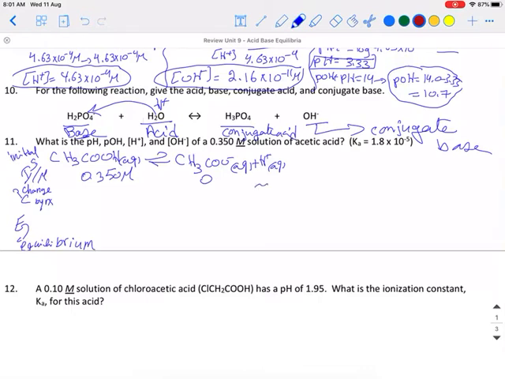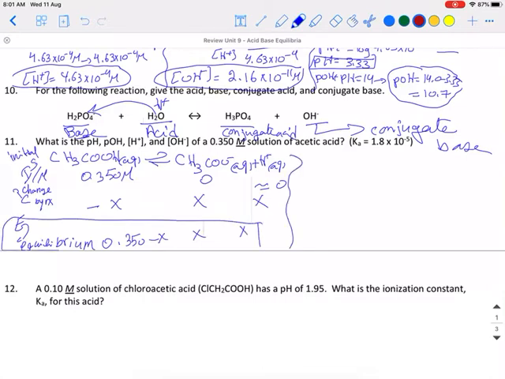I will assume H plus is 0. There is H plus from water, but it's 10 negative 7, which is very small, so I will assume it to be 0. Change by reaction is minus X, X and X, and that will be 0.350 minus X, X and X at equilibrium.